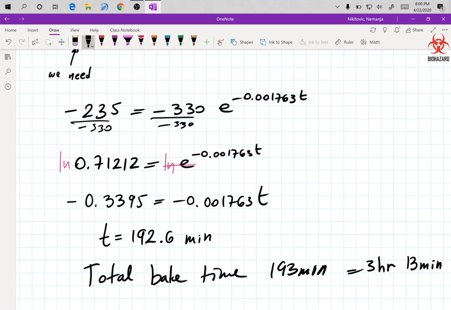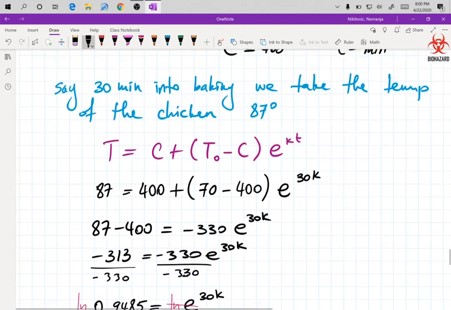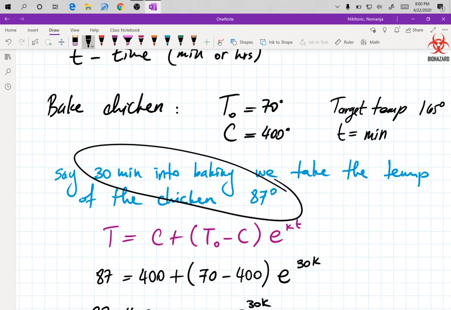Now you already baked 30, and let's say it took you some time to do this calculation, right? So you take away 40 minutes from this time and you set the timer. You can time yourself how long it takes to run through the calculation, because you can't start until you have the data point to calculate K. So you already waited 30 minutes into baking, and let's say it takes you 10 minutes to compute this.